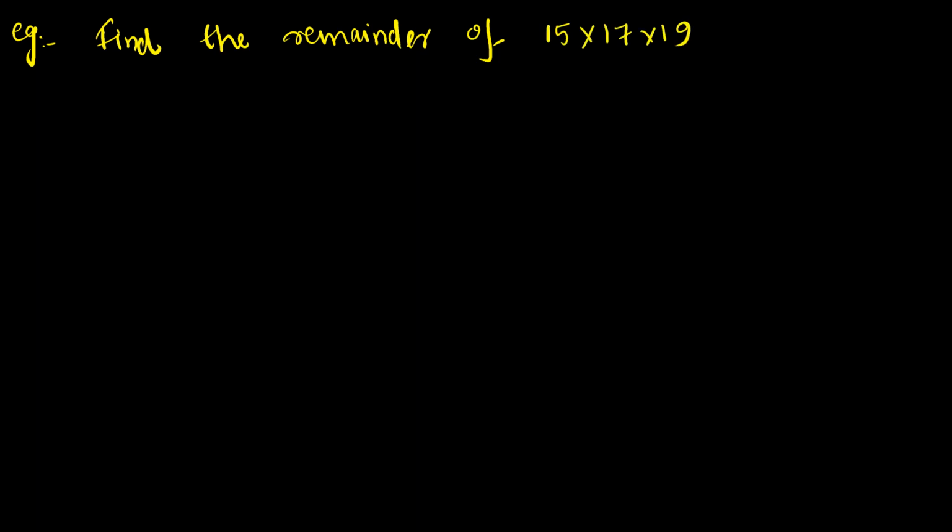Find the remainder of 15 into 17 into 19 divided by 7.